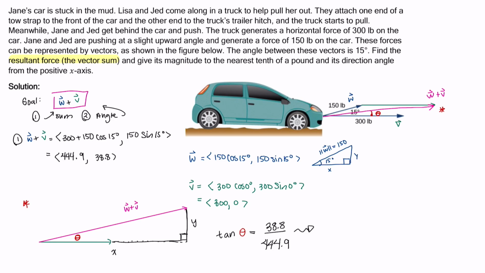Excuse me, I should start with theta. Theta equals tangent inverse of 38.8 divided by 444.9, and that's about 5 degrees. If you're getting a different answer for all of these, your calculator is probably in radian mode.